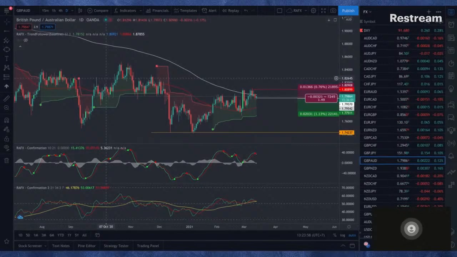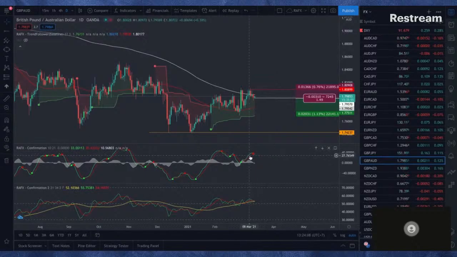Okay, so let's see in the coming days if my stop loss will get hit, or the signal will tell me to exit. As you can see, aside from the price being below the 200 baseline, I have this sell signal here, and the confirmation is also trying to move.